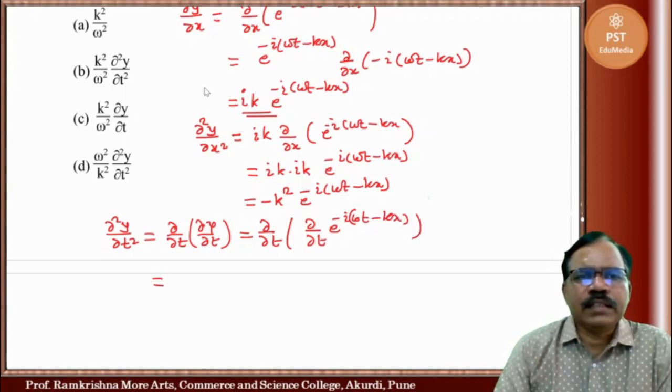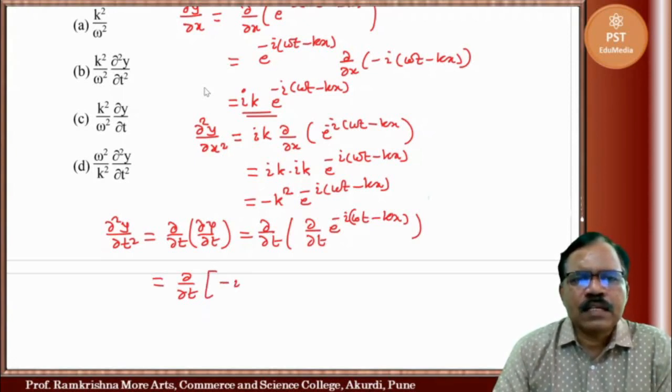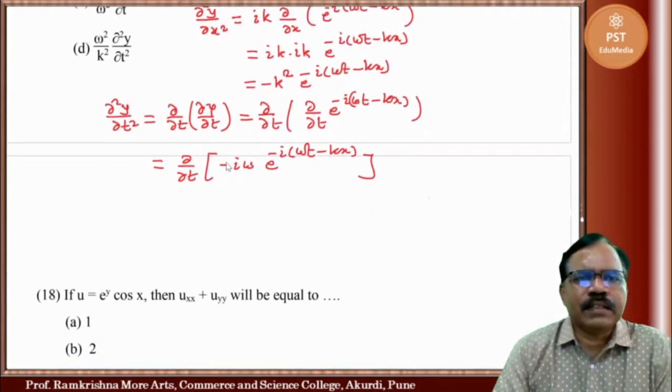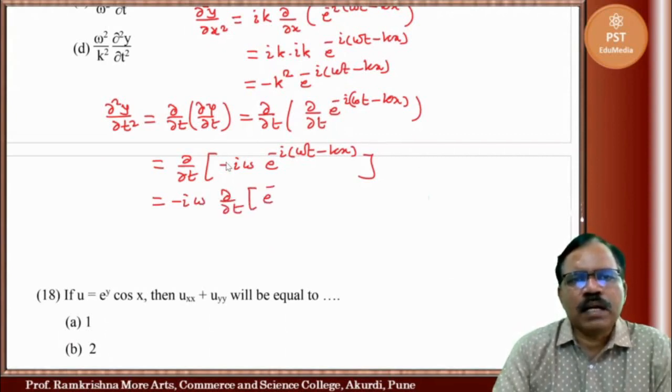So we get this as ∂/∂t of minus iω e raised to minus i(ωt minus kx). Now again differentiate. So you'll get here minus iω ∂/∂t of e raised to minus i(ωt minus kx).